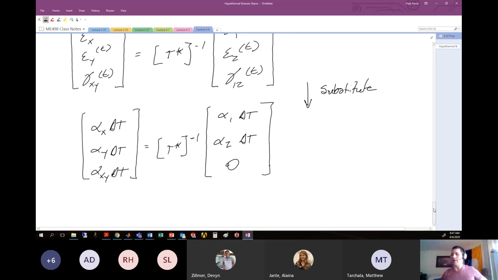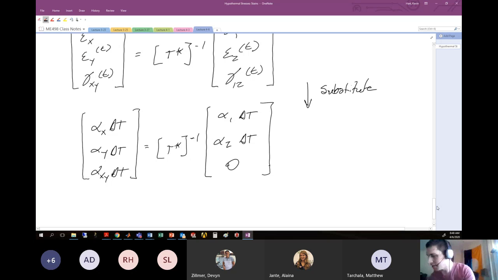All right, so here now we have a relationship which gives coefficients of thermal expansion in the x and the y directions, which are arbitrary directions, as a function of coefficients of thermal expansion of the lamina in the 1 and 2 directions.